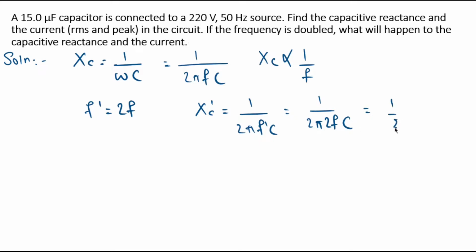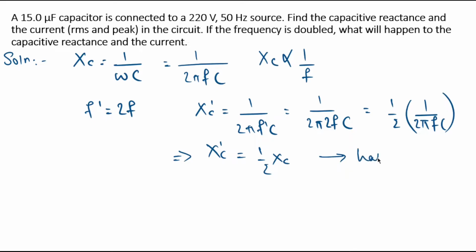Now taking 1 by 2 outside, this comes out to 1 upon 2 pi fc. Now 1 upon 2 pi fc is nothing but our Xc, our old capacitive reactance, which implies we can write Xc dash, that is our new capacitive reactance when the frequency is doubled, is equal to half the old capacitive reactance, which implies that when frequency is doubled, capacitive reactance is halved.